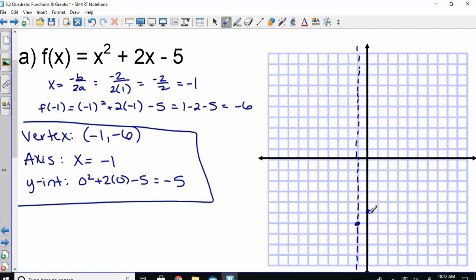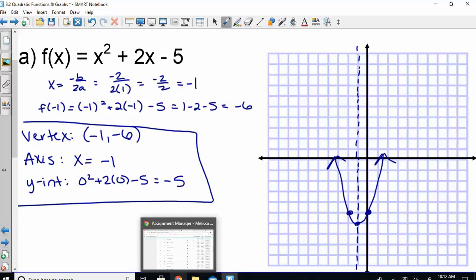My y-intercept was negative 5. Now, I've always told you you have to have a minimum of 3 points. I only have 2. How do I get a third? Yeah, reflect that y-intercept across your axis of symmetry. So there you've got your third point. So we have our graph.